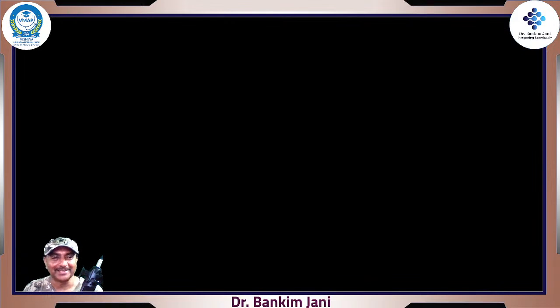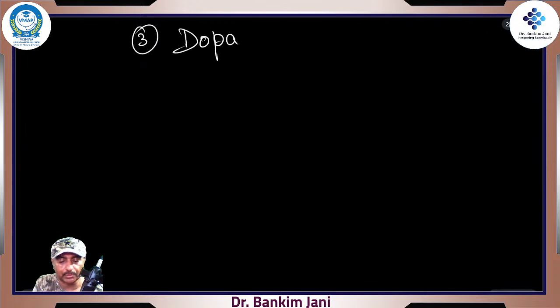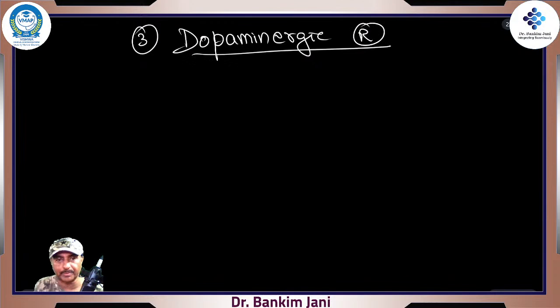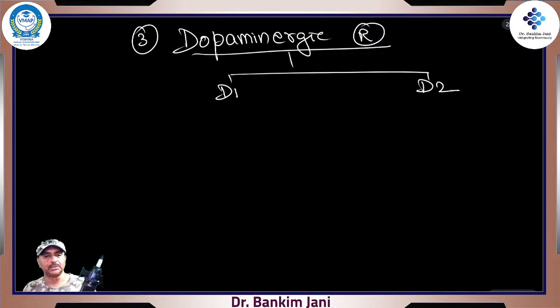Then the third one, now all are pretty easy. The third one is called dopaminergic, right? Our catecholamines. So dopamine. From dopamine, dopaminergic. These are the dopaminergic receptors, those receptors which are sensitive to dopamine. So in that case, the ligand is dopamine. They are divided simply into D1 and D2.